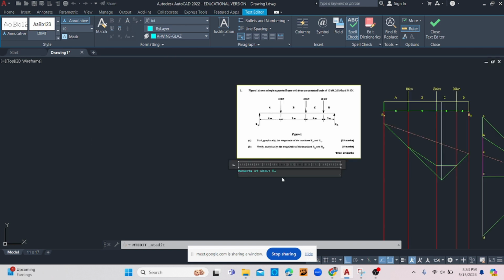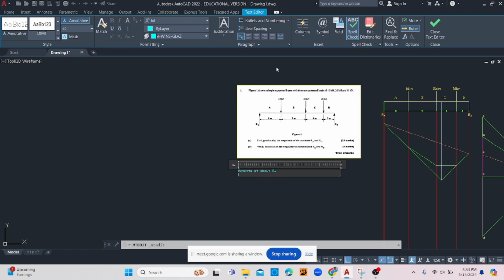Alright, so let's do this now. Basically, we're going to be multiplying the distance from each one of these loads, and then summing them together. So we need the product of the distance to each of these loads.